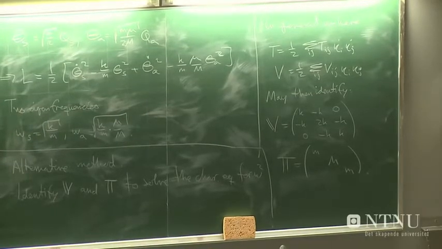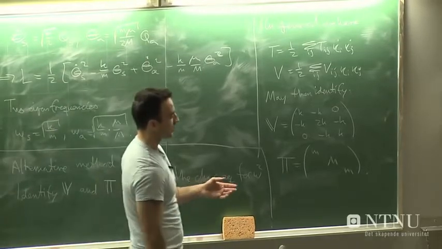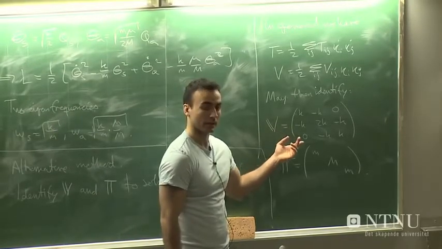The kinetic energy matrix is still diagonal. There's no coupling between the generalized coordinates, but the interactions between them are now no longer diagonal.